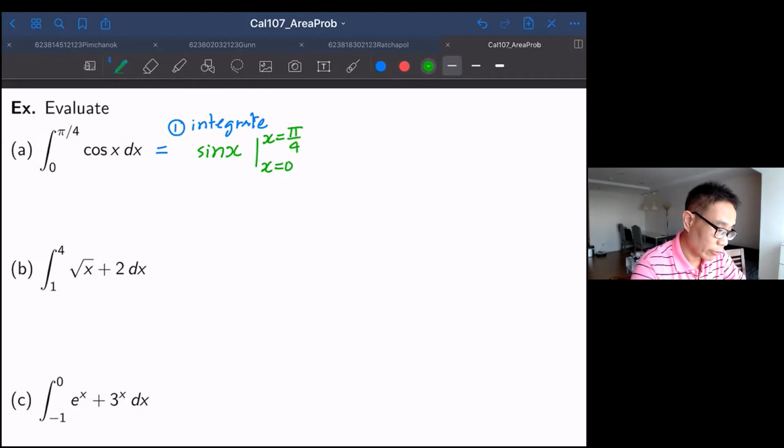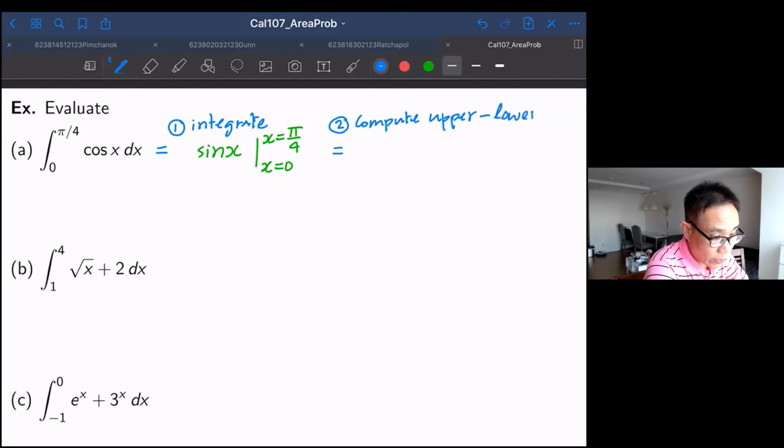The second step is to compute upper subtracted by lower, so it's sine pi over 4 subtracted by sine of 0.